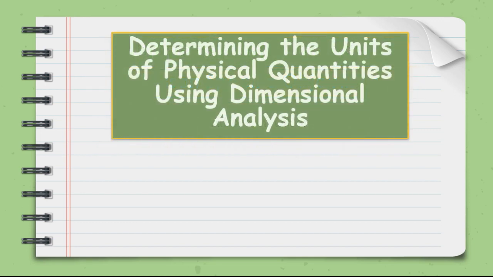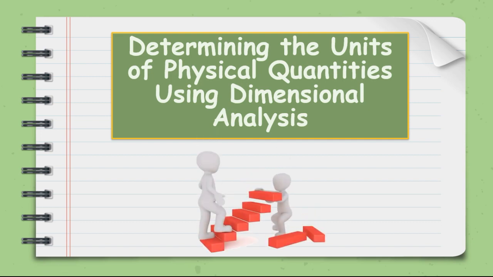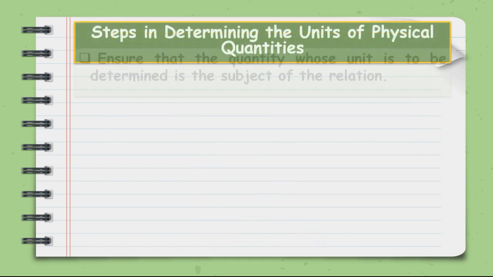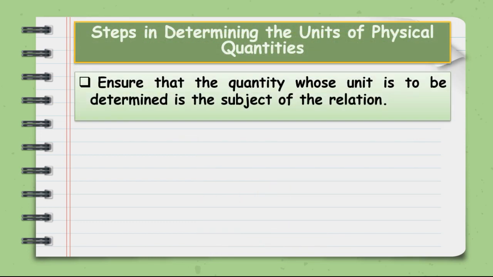Friends, in order to achieve the task of determining the unit of physical quantities using dimensional analysis, we need to follow a step-by-step procedure. And so, I will outline these simple steps that can help us achieve our objective for the day. The first of the steps is to ensure that the quantity whose unit is to be determined is made the subject of the relation.